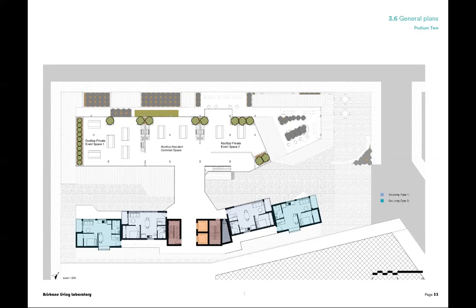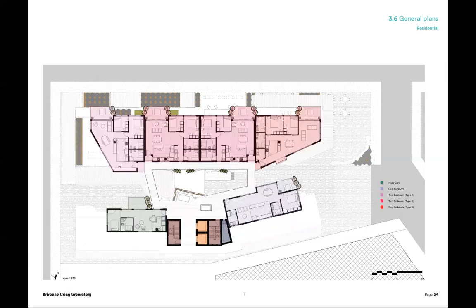Now going up to the residential floors. On the residential floors, we have 8 floors of this typical plan, which contains 4 2-bedroom apartments, a 1-bedroom apartment, and a high care apartment. I'll take this opportunity to explain the difference between all of these apartments.